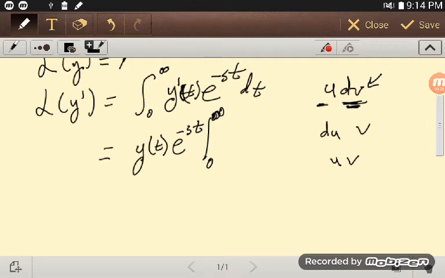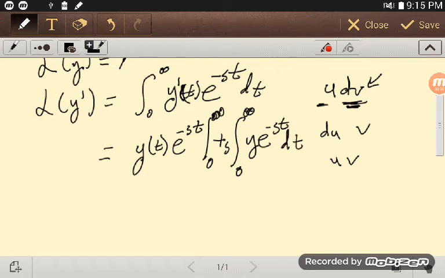When we take that derivative, we'll get an e to the negative st, but then times negative s. And this is a minus, so this ends up being a plus. We can put the s out here, so plus s times the integral from 0 to infinity of y e to the negative st dt.